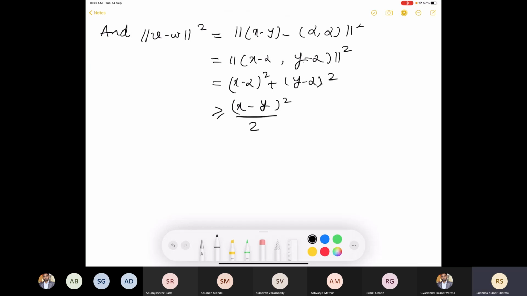This is for you. So that will make the norm of V minus W naught less or equal to the norm of V minus W for every W in W.